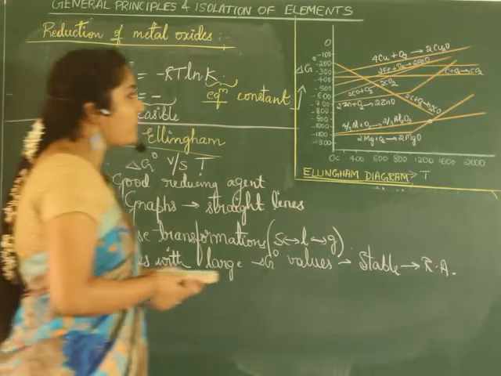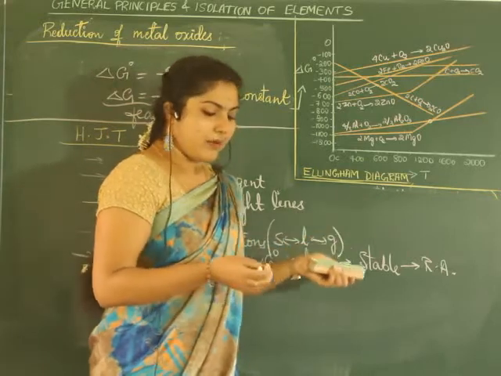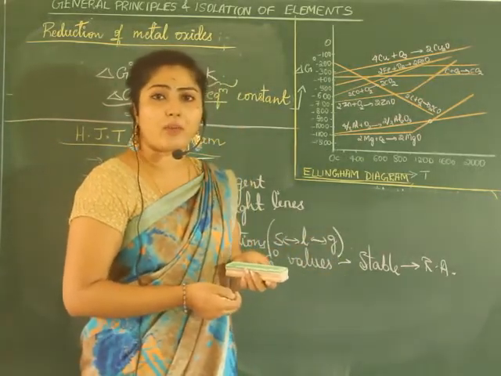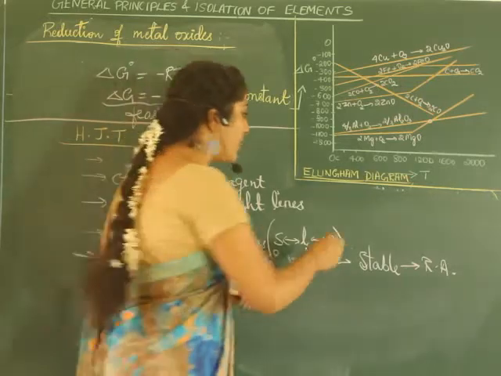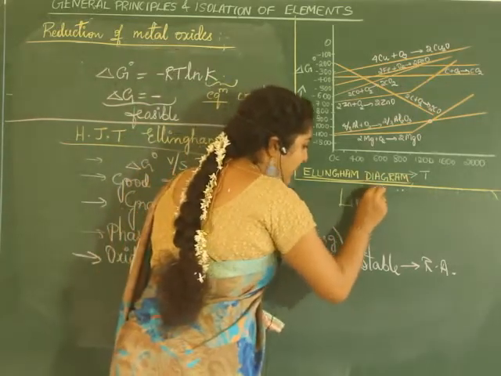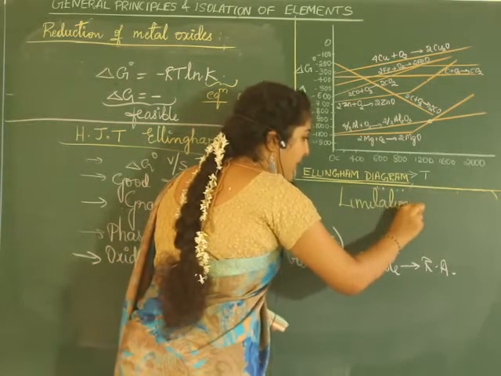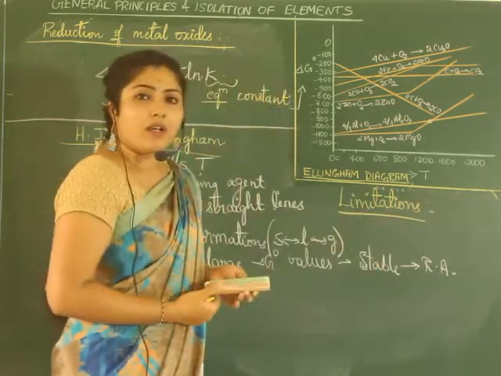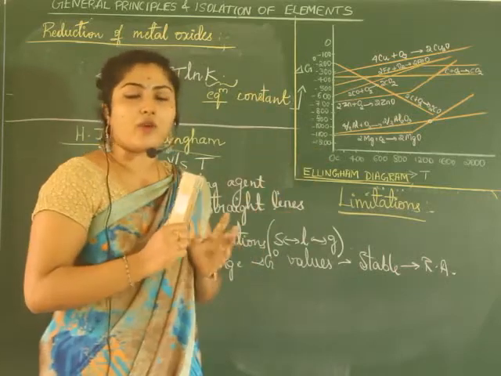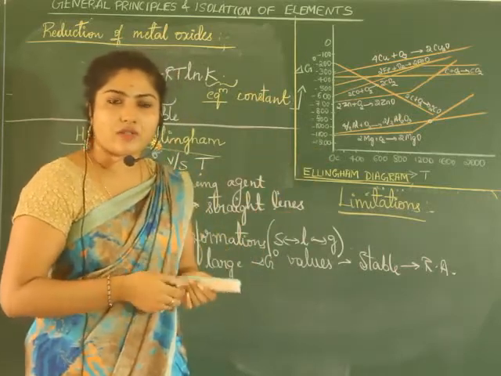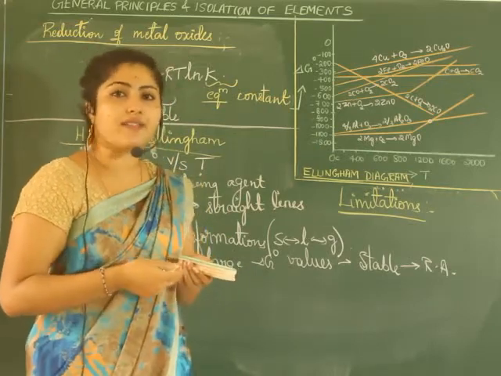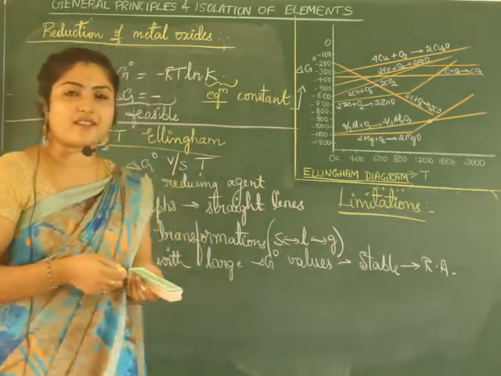Let me tell you one more thing here. It's about the limitations of the Ellingham diagram. The Ellingham diagram helps us to know about the choice of reducing agent, but it too has limitations. We know about thermodynamic concepts related to reduction, but it does not tell whether the reduction process is fast or slow.